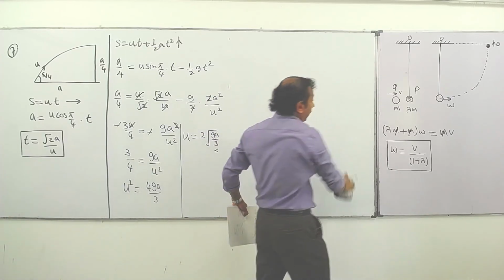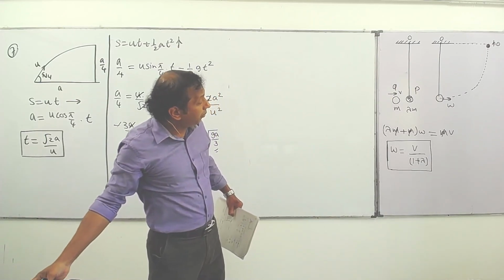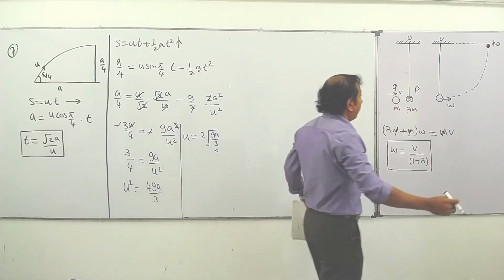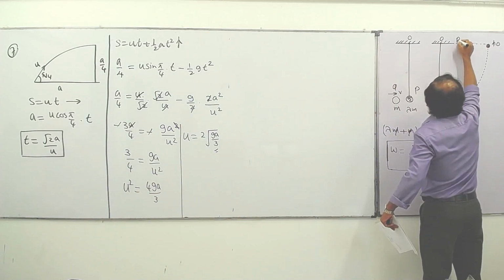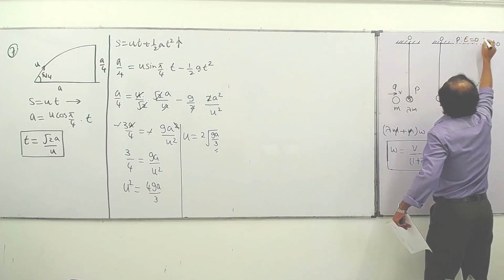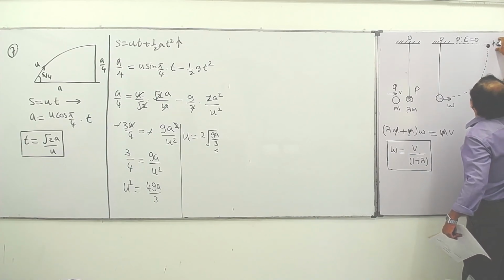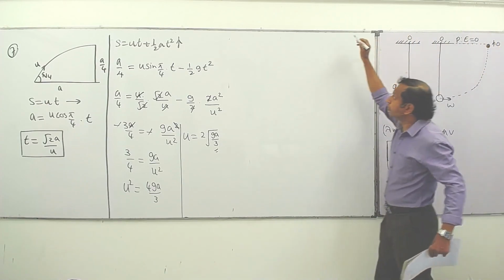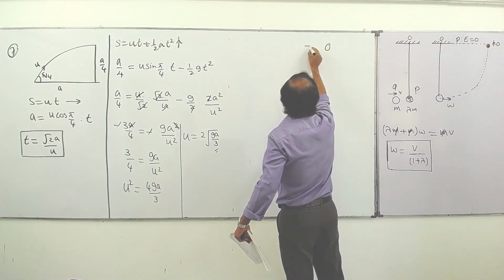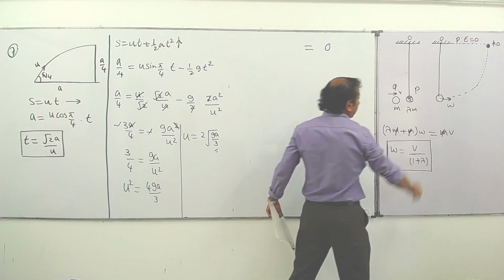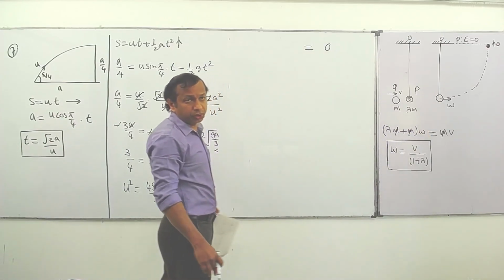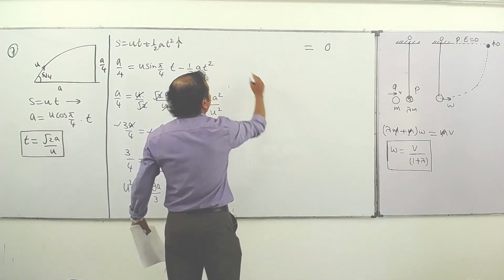Okay. I am going to take point O as the potential energy 0 level. Then once the particle reaches this position, no velocity, therefore no kinetic energy, no potential energy. Here the total energy is 0. Should be equal to here total kinetic plus potential. That means mechanical energy. What is that?